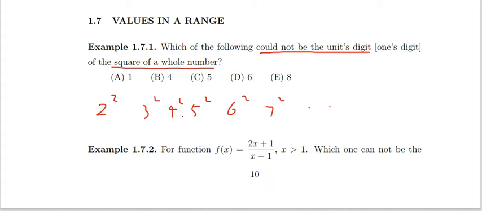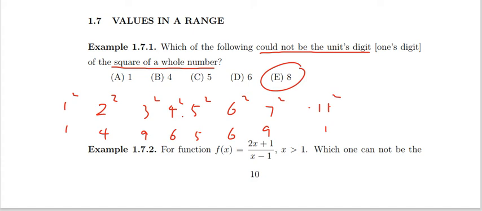We can check the last digits: this is 4, this is 9, this is 6, this is 5, this is 6, this is 9. 1 squared could be 1, 11 squared could be 1. So 1, 4, 5, 6 are all possible. So we say this is not possible. Okay, so this is the out of range.